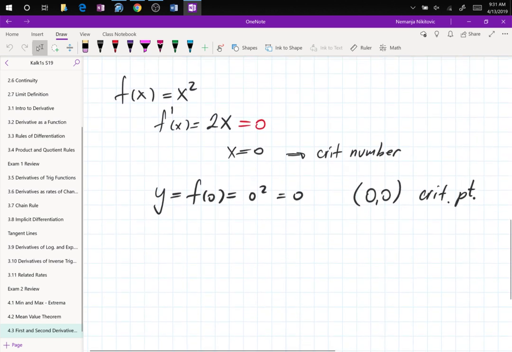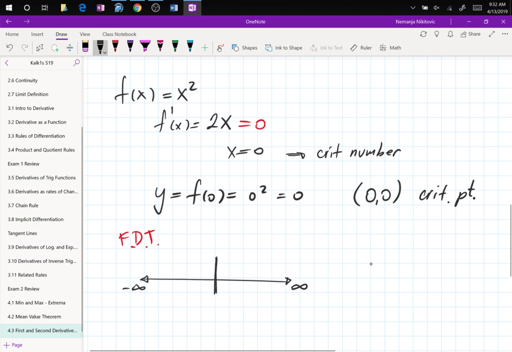For us to use the first derivative test, this is where it starts: we partition the domain, in this case from negative infinity to positive infinity.